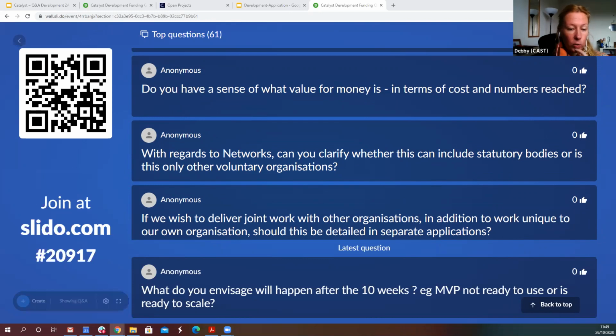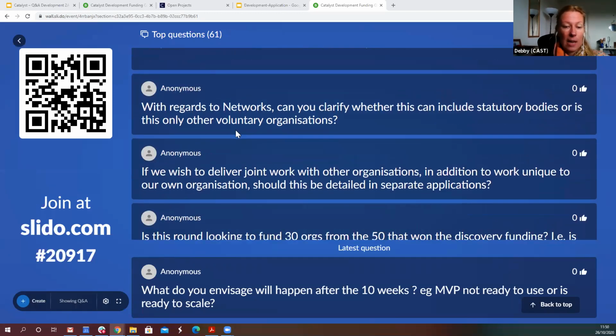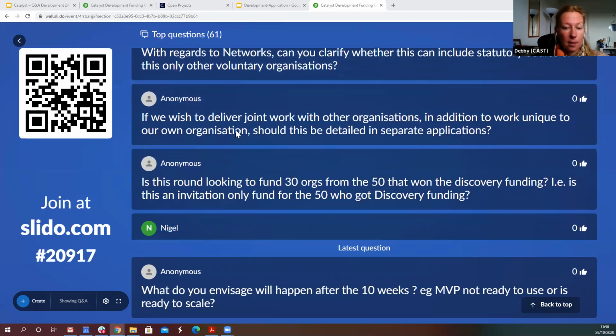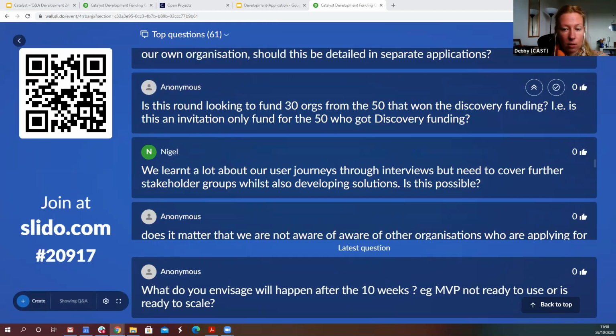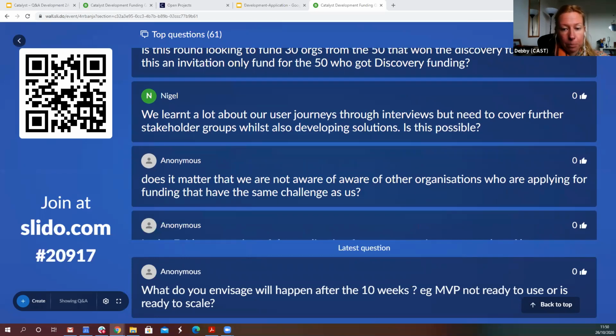Unfortunately, that's part of our agreement with the National Lottery Community Fund. So anything that is developed is open and shared, and of course you can use it. You can then tailor it afterwards if you want, that's all fine, but what is developed on the project will be open access, and unfortunately that's not negotiable.